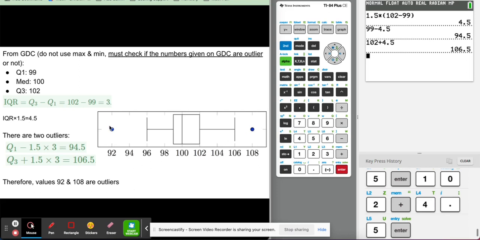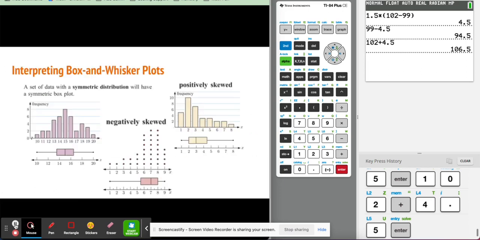Then the next smallest number was 96, so that becomes our minimum value. And then our maximum value is 106. So that's minimum, maximum. Q1, median, and Q3 are unchanged all the time. Whatever our calculator gave us is the correct Q1, median, and Q3. So we see 99, 100, and 102.